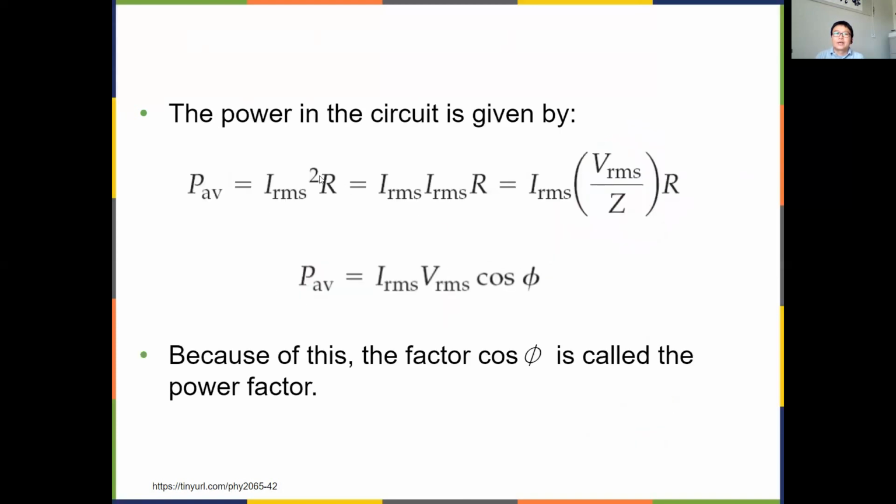If you look at the power consumed by this circuit, it should be just the power consumed by the resistor, because the capacitor does not consume any power.